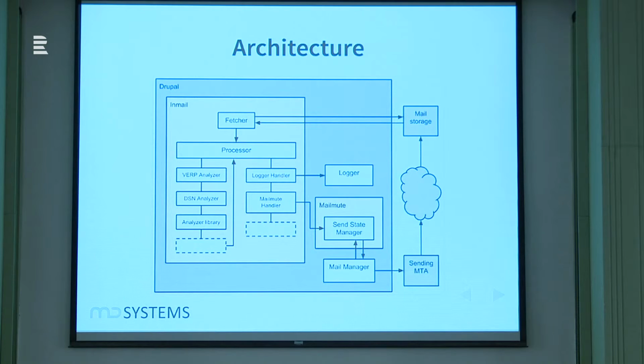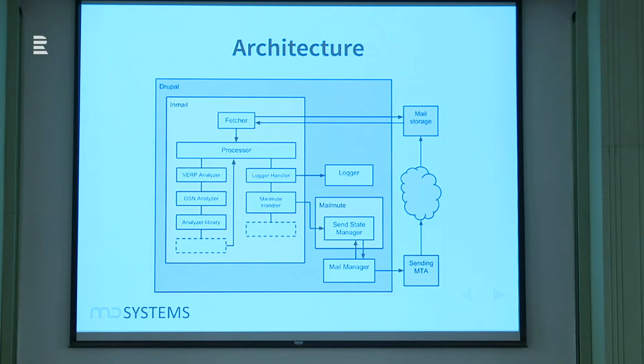Deliverers are basically your adapters to raw emails. They can be fetchers in this case. That can be an IMAP or POP3 fetcher that connects to your mailbox and fetches the emails. Or for instance, it can be a Drush deliverer, or a demo deliverer, where you can just paste your raw email and then we process it.